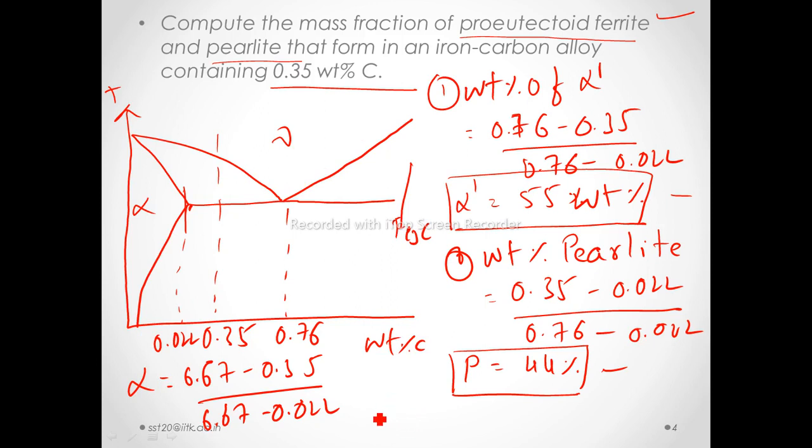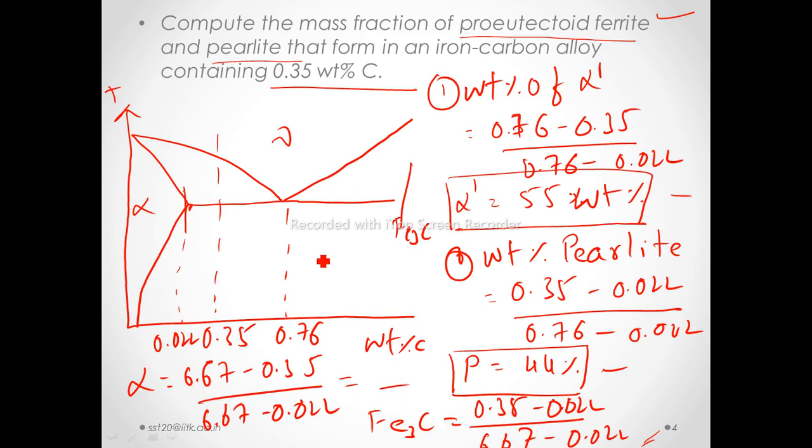Similarly, Fe3C, that is the cementite, can be calculated as (0.35 minus 0.022) divided by the whole length, that is 6.67 minus 0.022. So I have given you the equation formula, then just calculate and please mention the answers in the comment box.